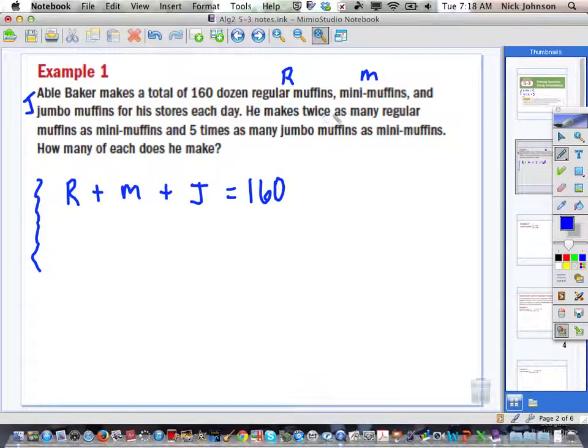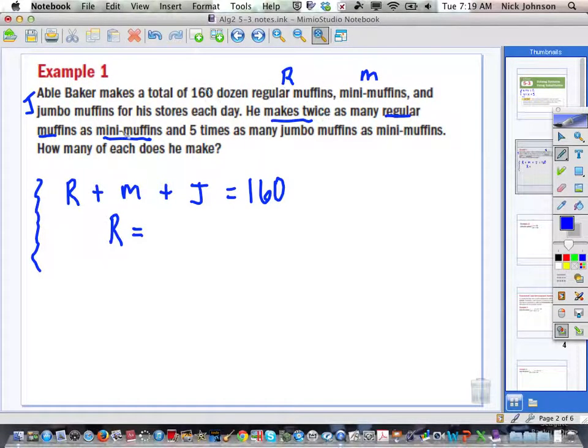It says he makes twice as many regular muffins as mini muffins. Well, how would you write that as an equation? How do you say twice as many regular than mini? Okay. Well, my regular muffins is equal to twice as many mini muffins.